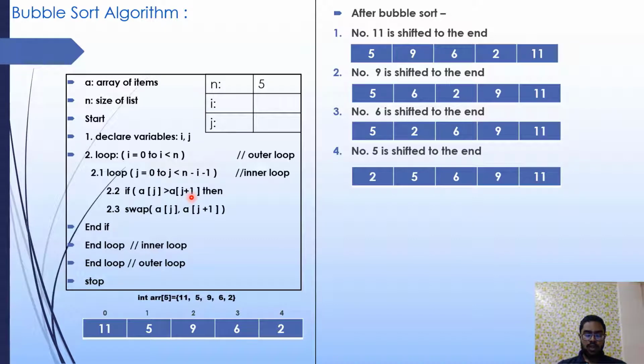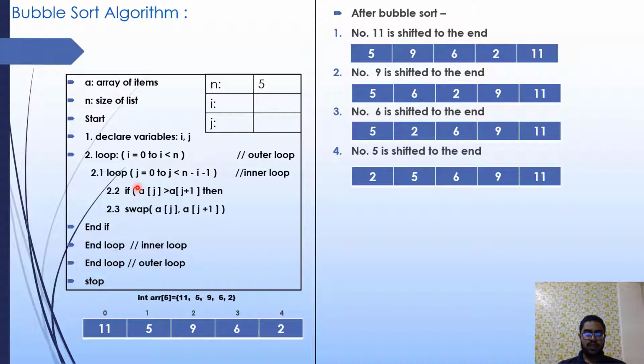Then the swapping will be performed. So we assign the value of j as 0. So a of j is 11.